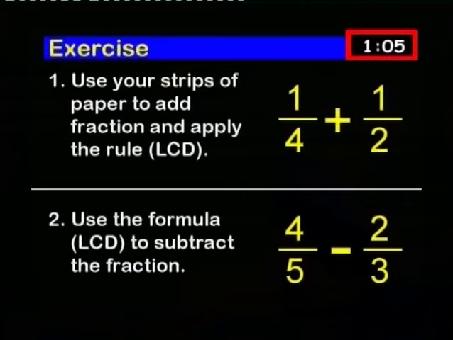The common multiple of 2 and 4 is 8. Okay, 4 into 8 is 2. 2 times 1 is 2, 8. 2 into 8 is 4.